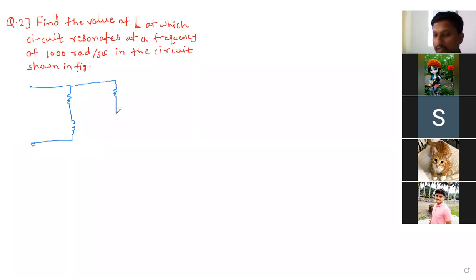So this is the general parallel resonance circuit they have used, because both have internal resistance. So this is RL, and this is RC. RL is given as 5 ohm, RC is given as 10 ohm.